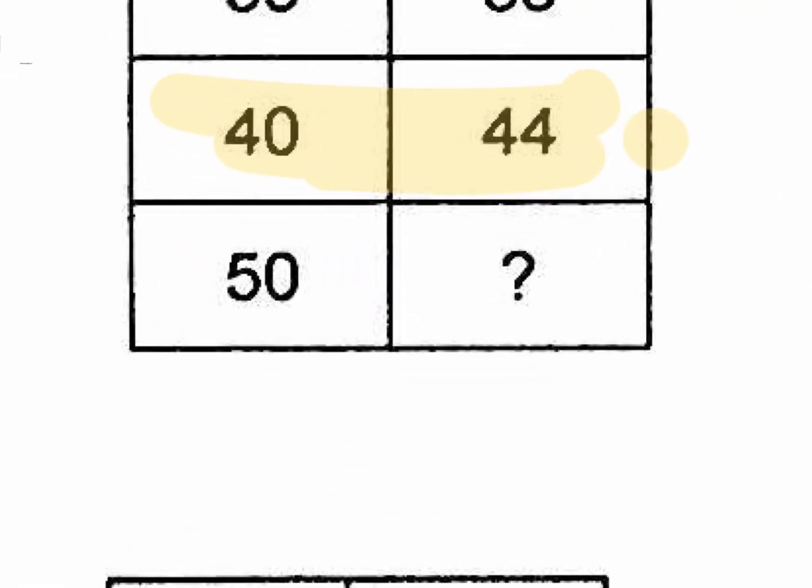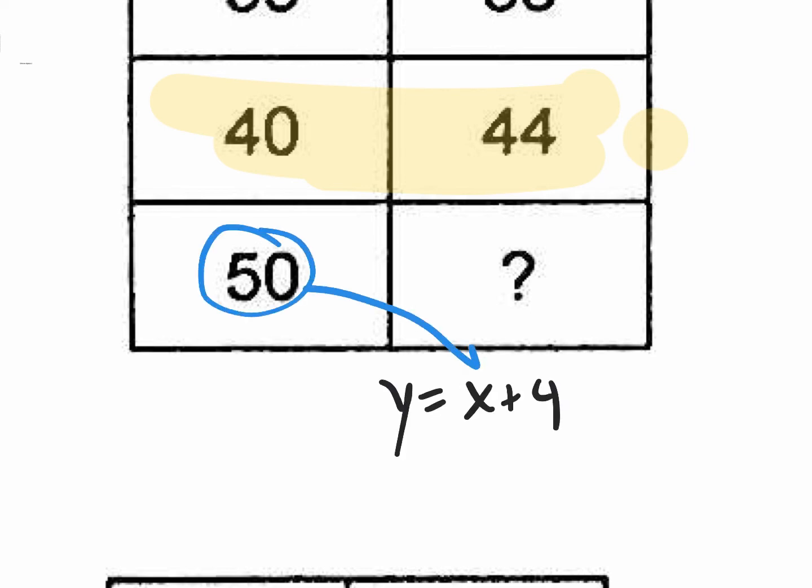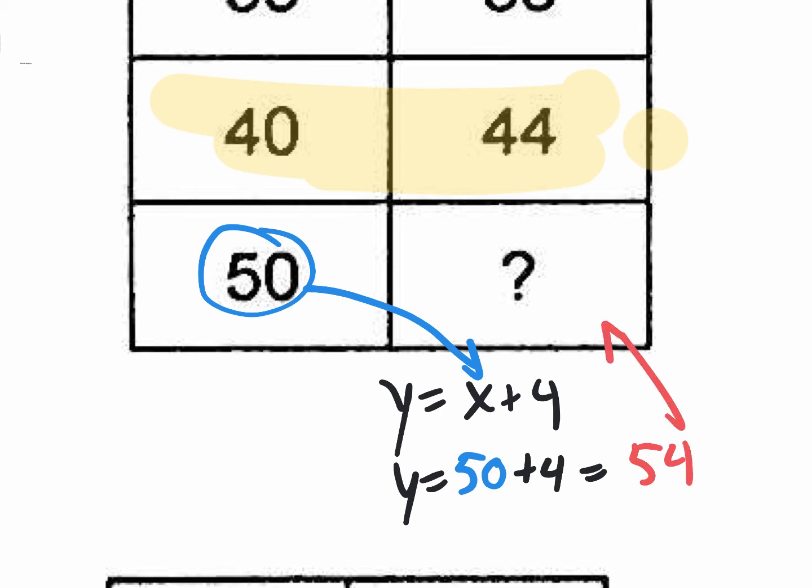So if I take that 50 and plug it in to the x, because the x's are the inputs, you'd have y equals 50 plus 4, which equals 54. So that's what belongs right in here. So the input 50 gives you the output 54.